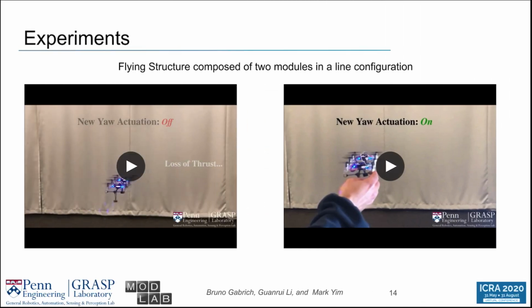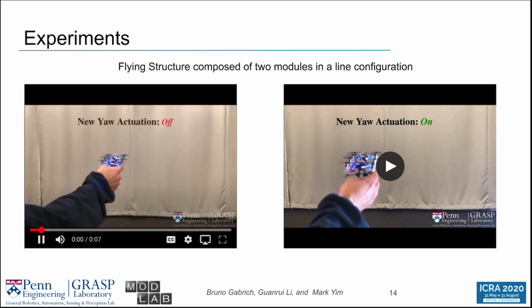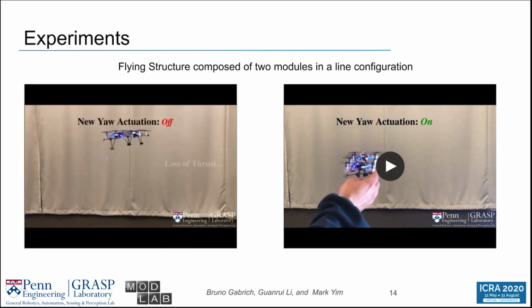So going to the experiment section now, we see on the left two robots flying in a line configuration without the new yaw actuation. We see that oscillation happens even with small disturbances. Because of the coupling with Z position, we also expect the up and down behavior.